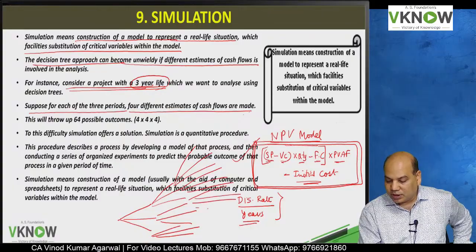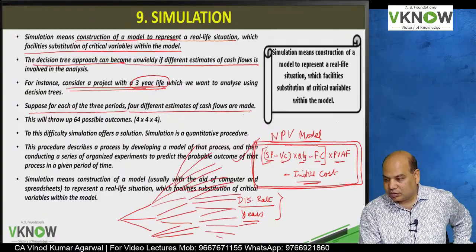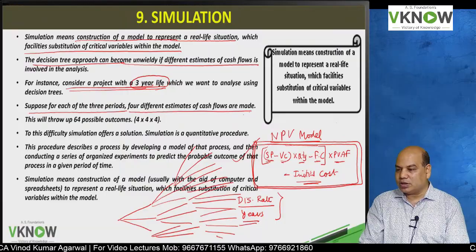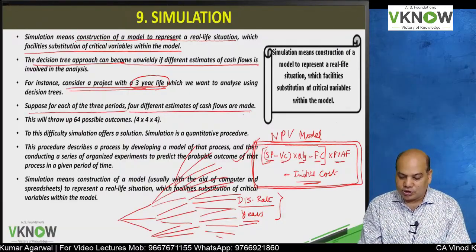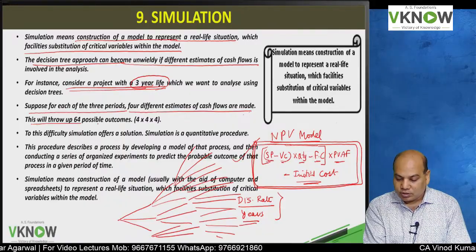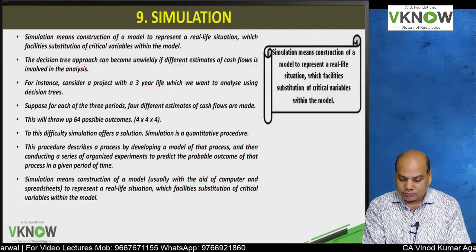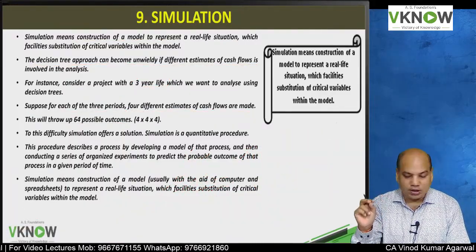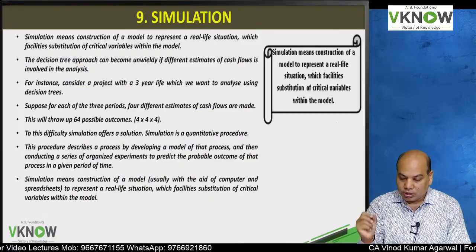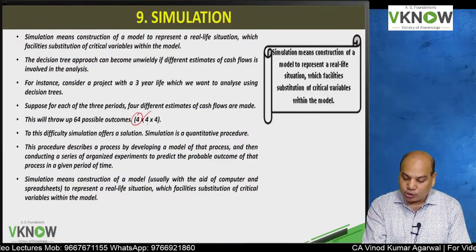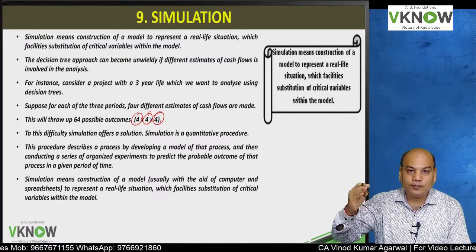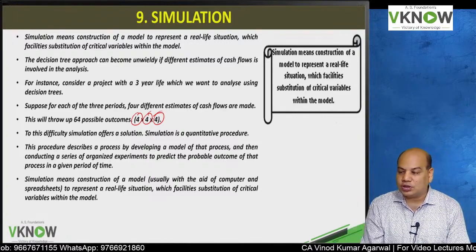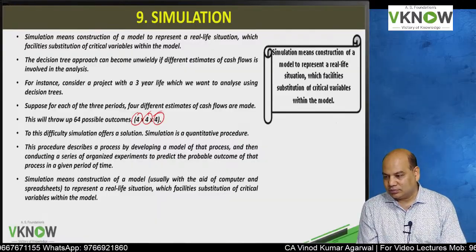See the complexities in the decision tree. It will become very complex as the number of possibilities and the number of years increase. Just with 3 years and 4 possibilities in each year, the total number of outcomes at the end of 3 years would be 4 into 4 into 4, that is 64 possibilities.